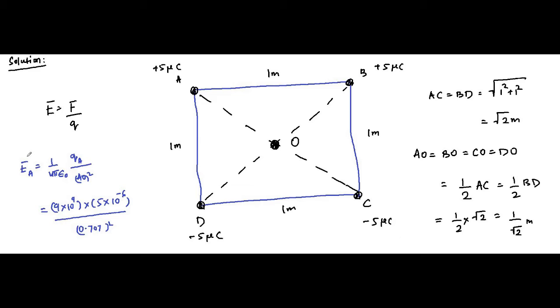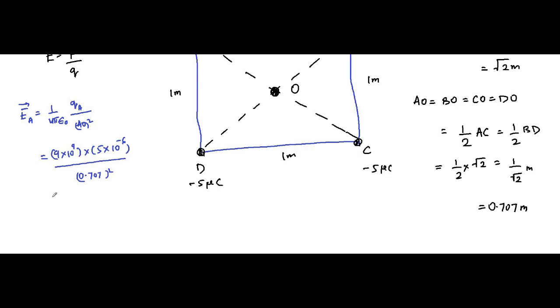This is a vector. Okay, electric field is a vector. So it is coming around 9 into 10 to the power 4 Newton per coulomb.